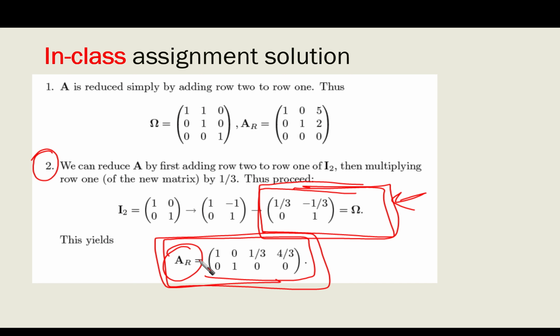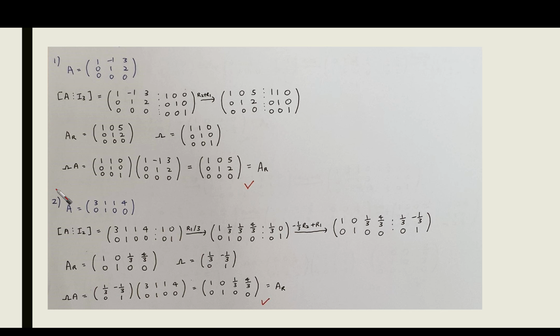So let's go to the detailed solution. You start with A. Make the augmented matrix with I2, put it in this form. So we're going to put dots here, and this is I2. Remember, it should be I2 because we have here 2 by 4. So our identity matrix is I2. And then make the row operations based on what I have explained in the video.